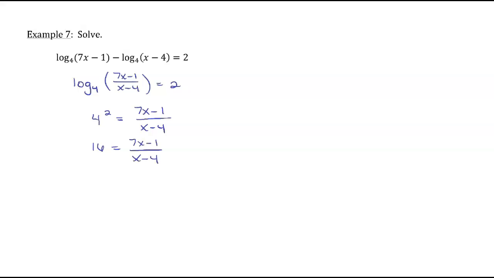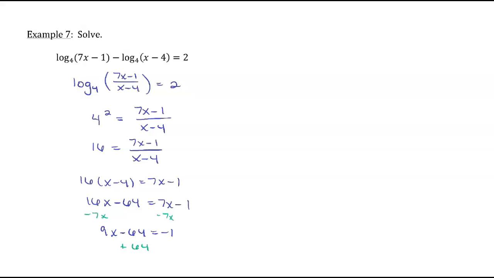To solve this equation, let's multiply both sides by x minus 4. This will give us 16 times x minus 4 equals 7x minus 1. And 16 times x minus 4 gives us 16x minus 64. Now we have a linear equation that we could solve for x. Subtracting 7x from both sides of the equation gives us 9x minus 64 equals negative 1.